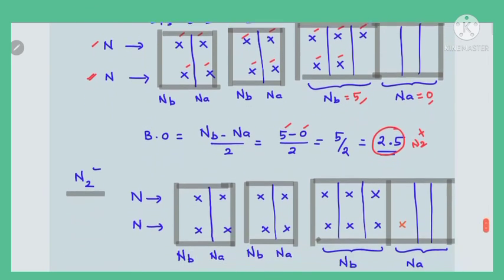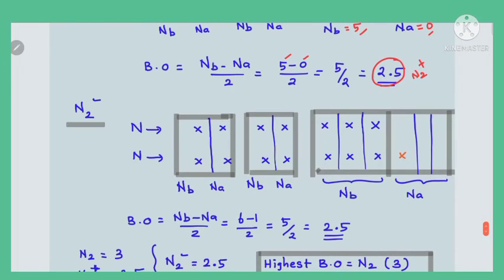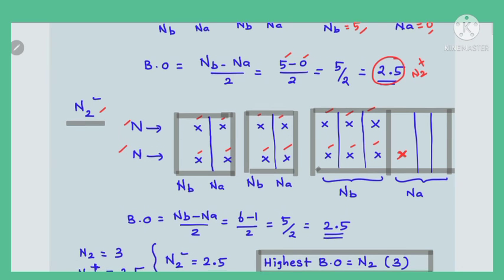Similarly, let us calculate for N2 minus, a nitrogen molecule with one extra electron. The two nitrogen atoms each have 1s2, 2s2, 2p3 configuration. But N2 minus has a unit negative charge, so there is one extra electron, which is filled in the anti-bonding molecular orbital.